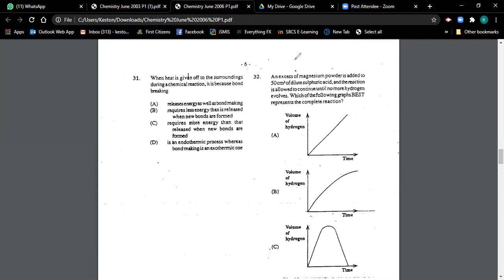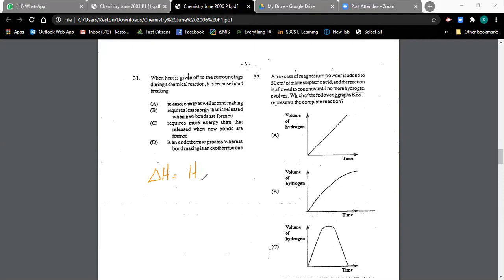Remember I was telling you, enthalpy change, right?